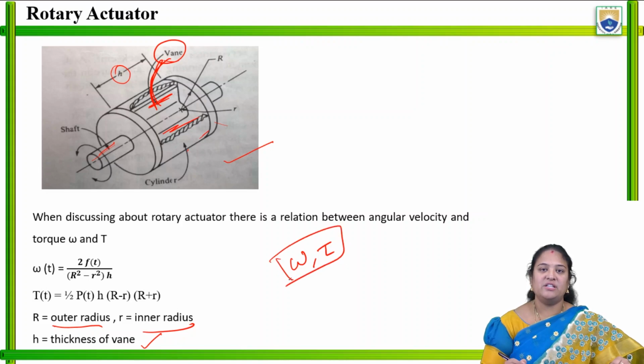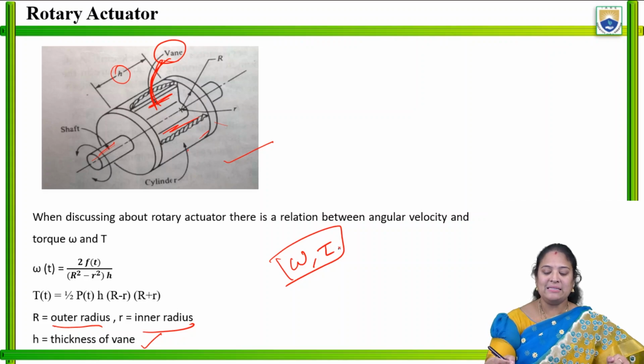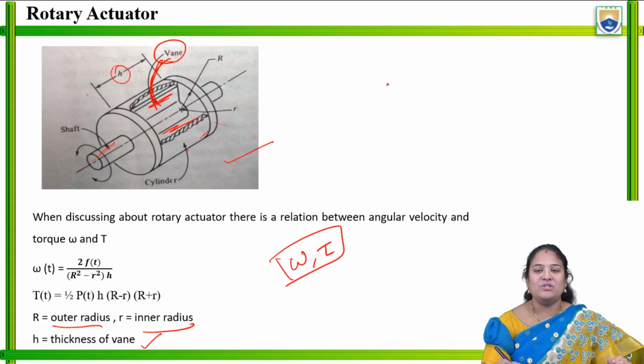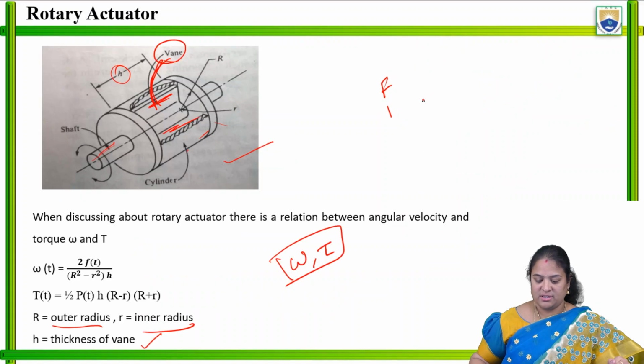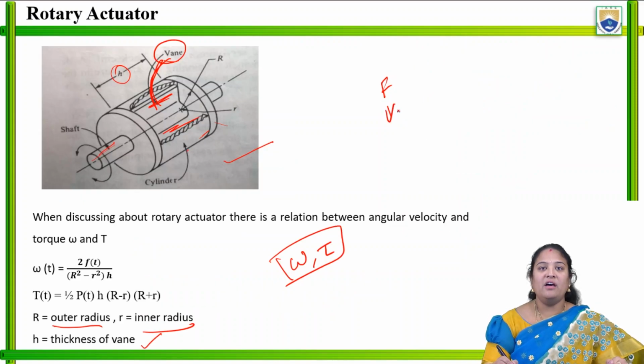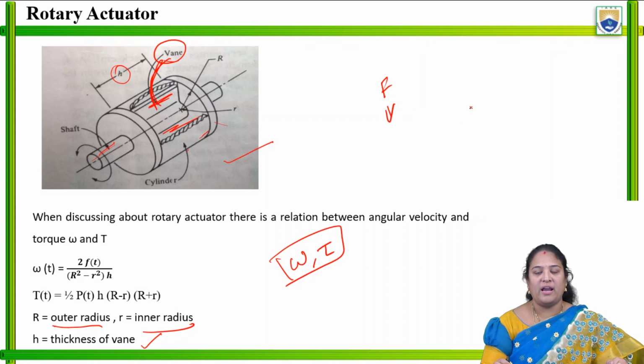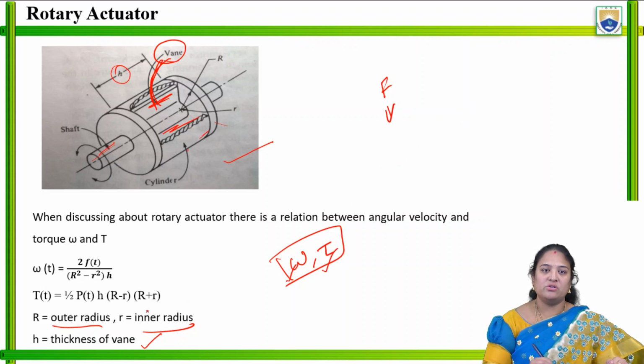Whereas in the linear actuator system, we came across force and velocity. So with the rotary actuator, we come across the angular velocity and the torque.